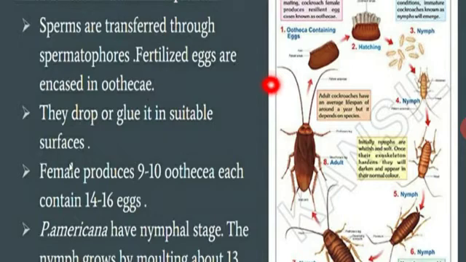Fertilization. Picture of the life cycle of cockroach. First one, ootheca containing eggs. Under favorable conditions it hatches out and becomes a nymph.